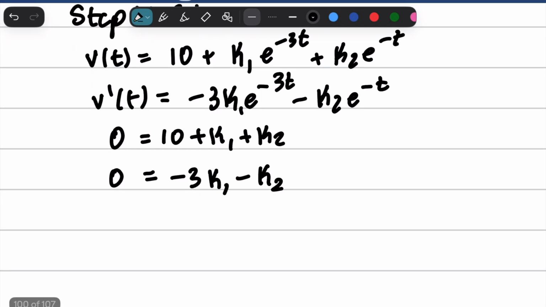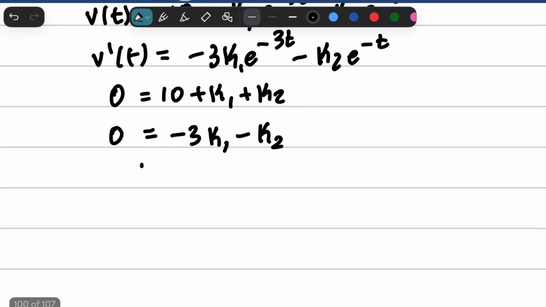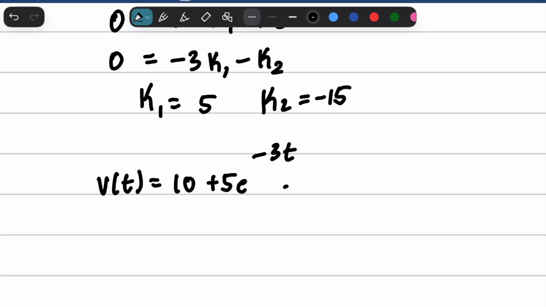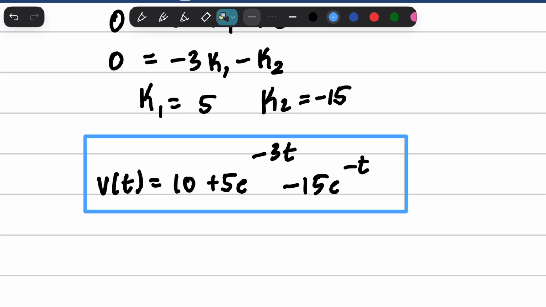And when we solve this guy out, we're going to get that K1 is equal to 5 and K2 is equal to -15, which is V of t is equal to 10 plus 5e to the -3t minus 15e to the -t. And that is the solution.